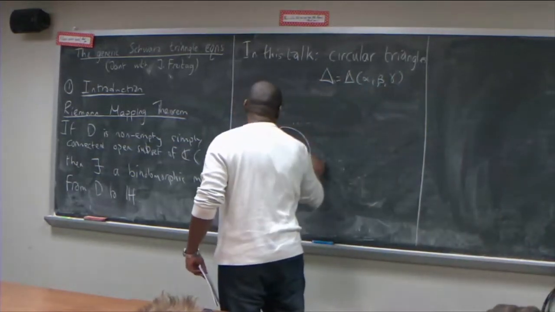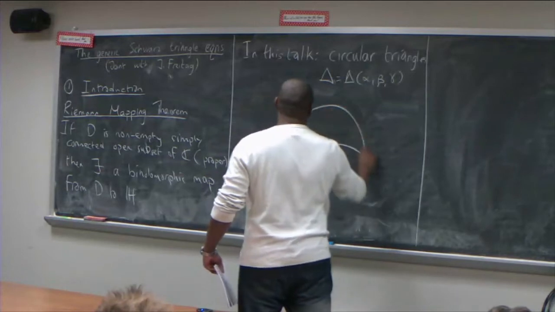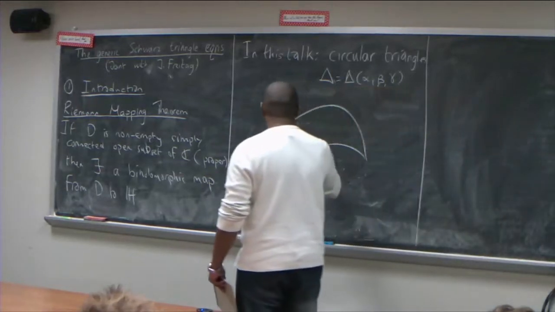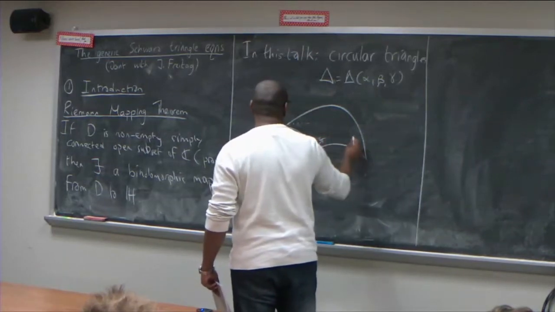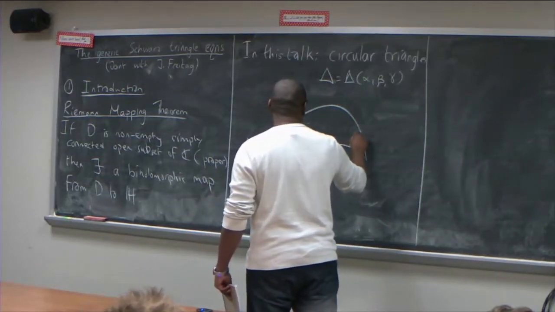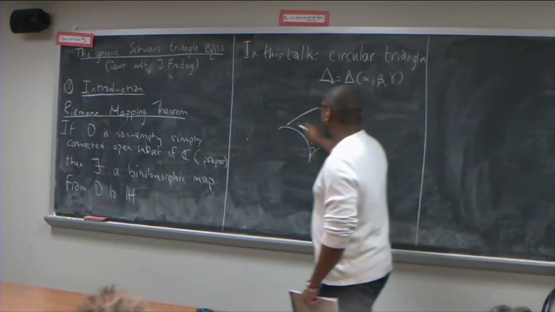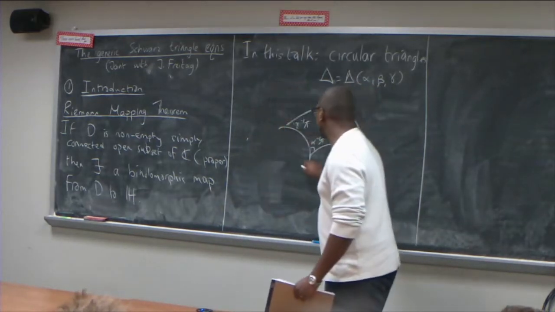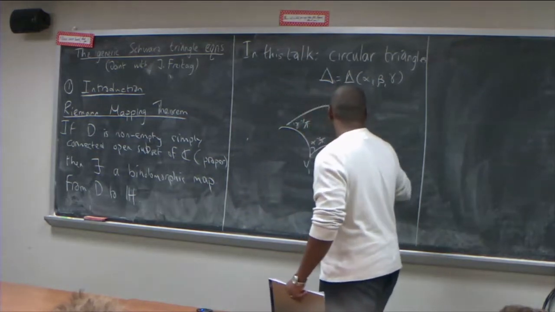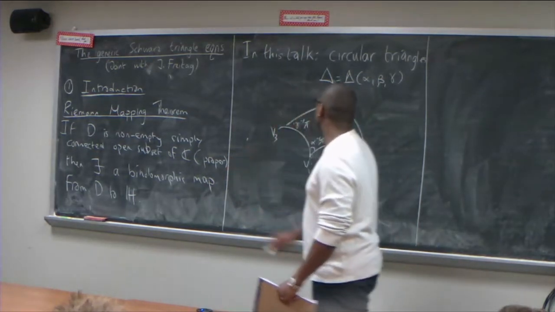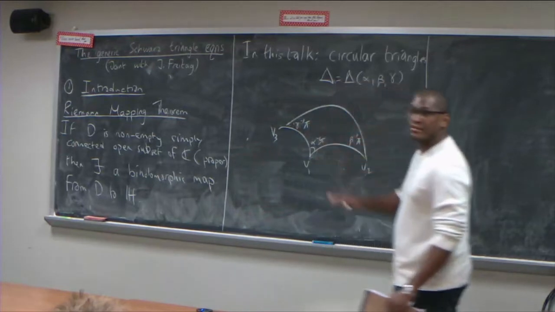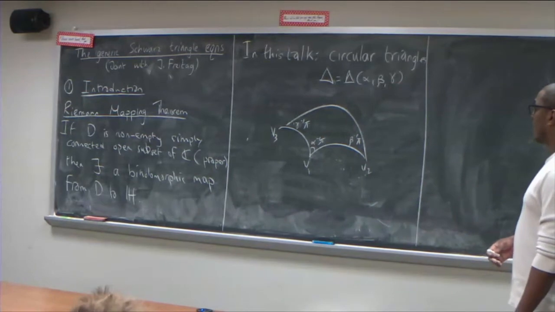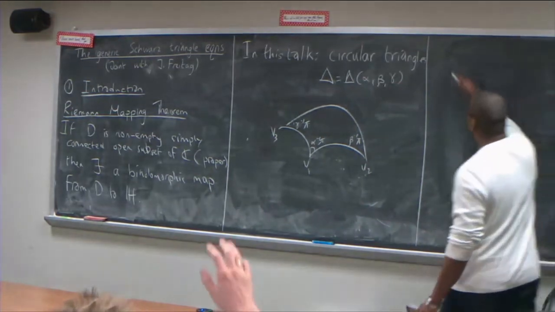Here is a circular triangle, where the angle here is pi over alpha, pi over beta, and pi over gamma. Let's call these vertices V1, V2, V3. This will be the kind of D that we are concerned with in this talk.